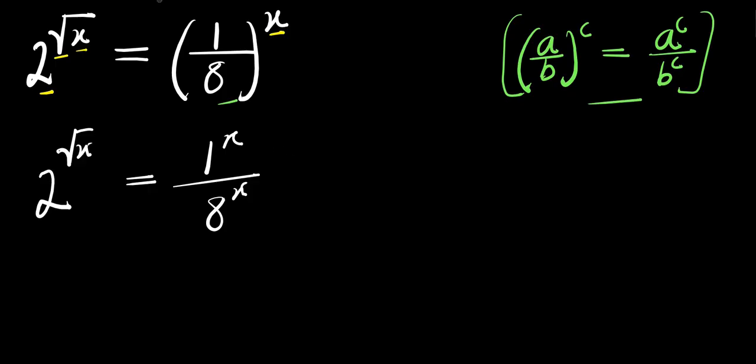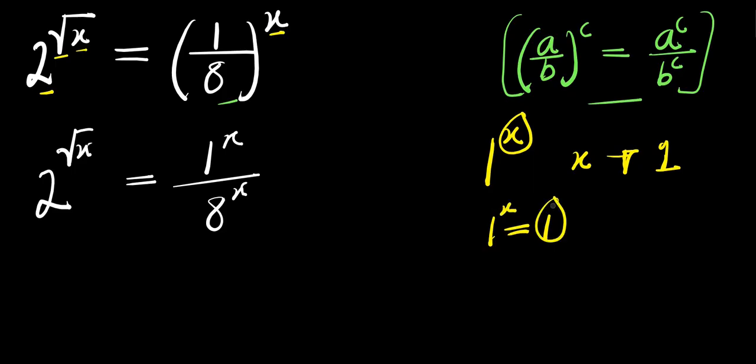Now, if you have 1 to the power of x, irrespective of the value of x, 1 to the power of that number will give you 1. So 1 to the power of x is the same thing as writing 1.